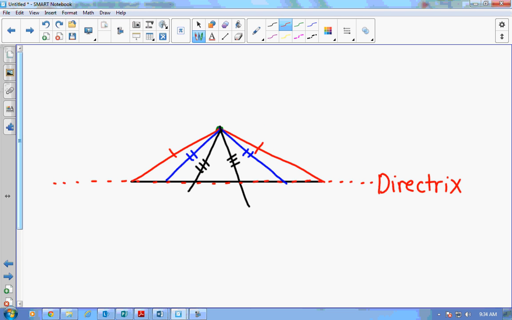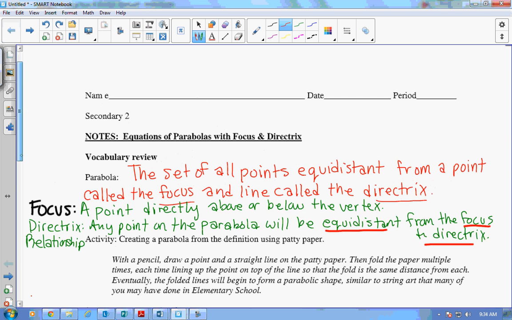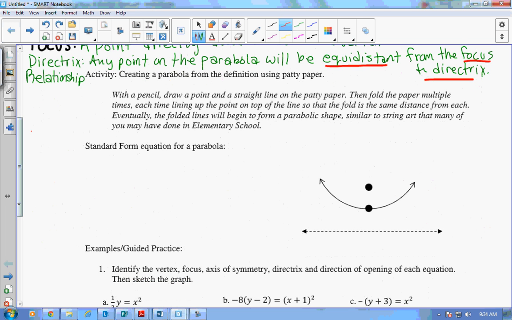But focus and directrix, actually, let's look at your notes. There's a picture already for us. This full line is your directrix. Go back to your notes, please, and write in, that's the directrix. This point inside the parabola is your focus. Any idea what this point on the parabola is?